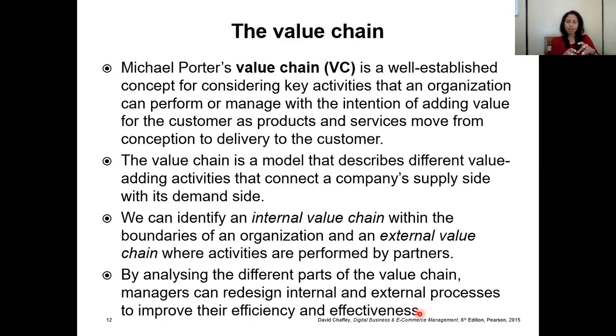So the management can get a better idea about what are the value adding activities of our business, what are the non-value adding activities, what activities can be eliminated because they do not add much value to the existing business process.